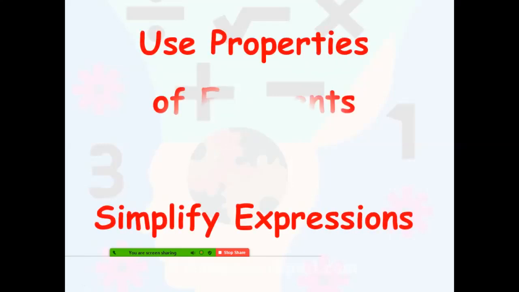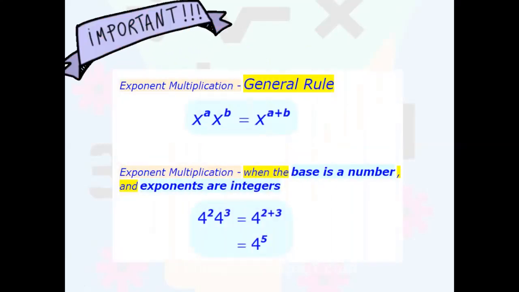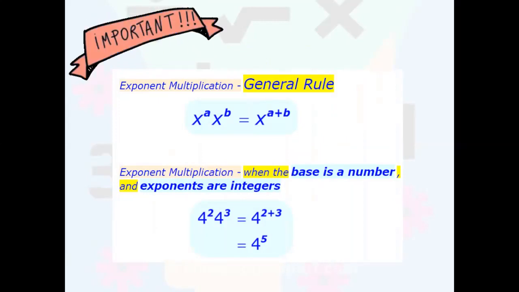Okay, now let's move to today's remaining part of the lesson, that is how to use properties of exponents to simplify expressions. Before we move on, I want you to remember 2 important rules when we are solving exponents. Rule number 1: if you are multiplying exponents and the base is the same, you just add the exponents. I'm repeating again. When you are multiplying exponents and the base numbers are the same, you have to just add the exponents.